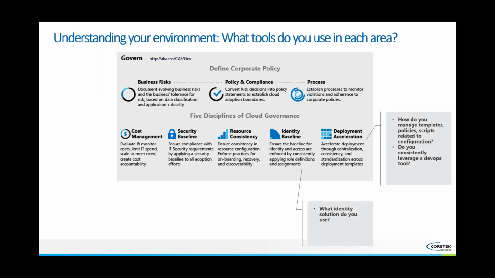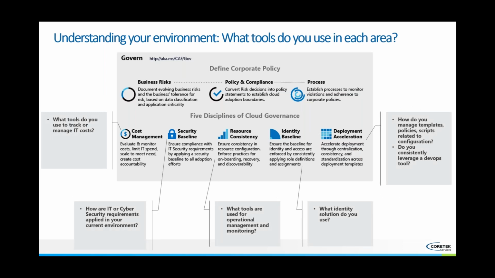Some other key things to look at are governance, and really governance from an Azure perspective is around 5 key areas. So you've got cost management, security baseline, resource consistency to ensure uptime, identity baseline, deployment acceleration, and really understanding how you can configure things as quickly as possible.